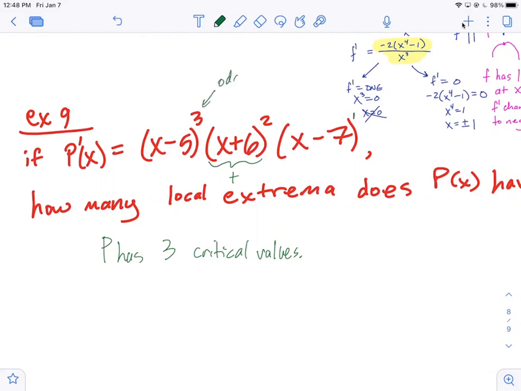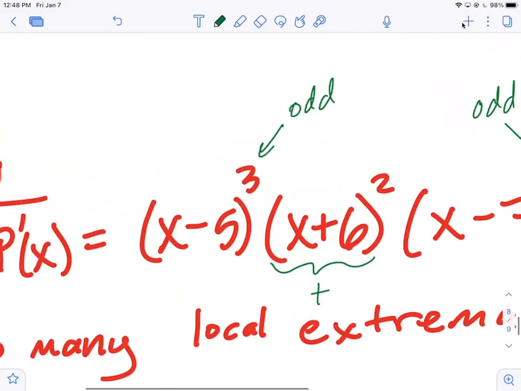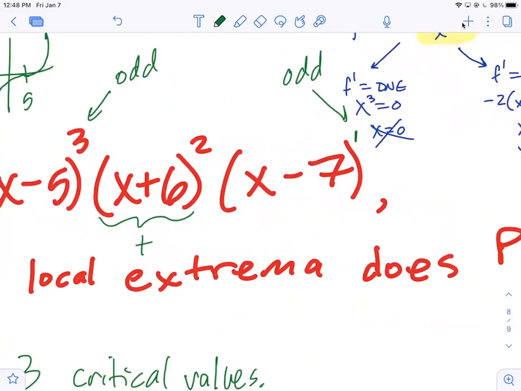If you have an odd exponent, you are going to see a sign change at that critical value. Because if you were to look at that graph by itself, x minus 5 cubed, here's 5, it's going to do this and do that, right? You're going to see a sign change. It's going to cross the x-axis. Same thing, x minus 7. Over here at 7, it's going to cross. It's going to change signs.